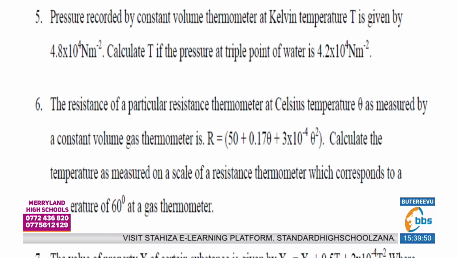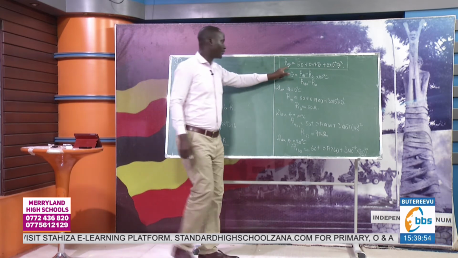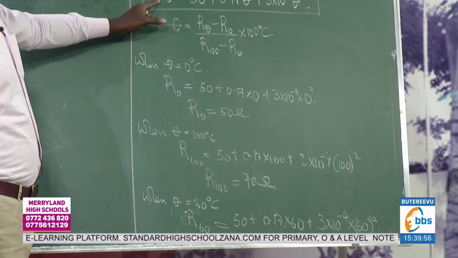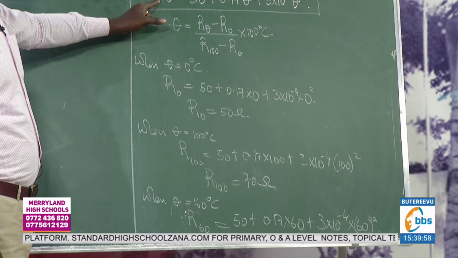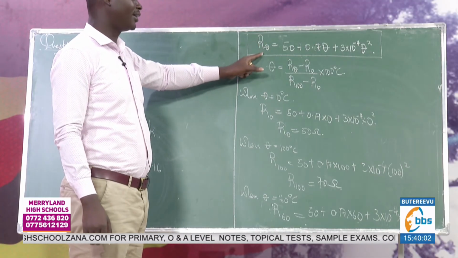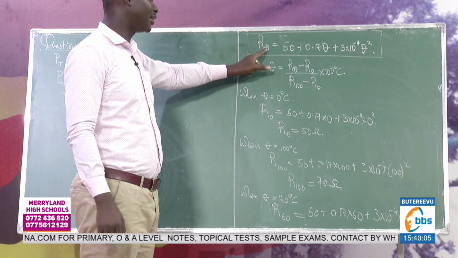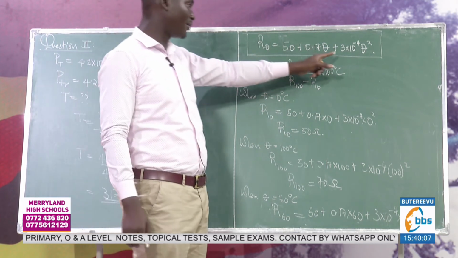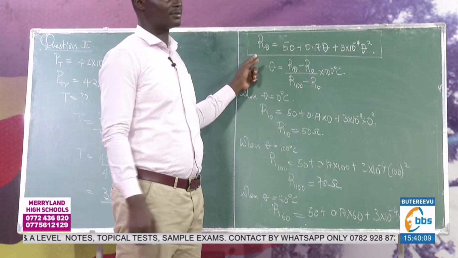So I hope that people are following me. This is what I've summarized. The resistance of the platinum wire at a certain temperature as measured on the gas thermometer is given by this relationship.